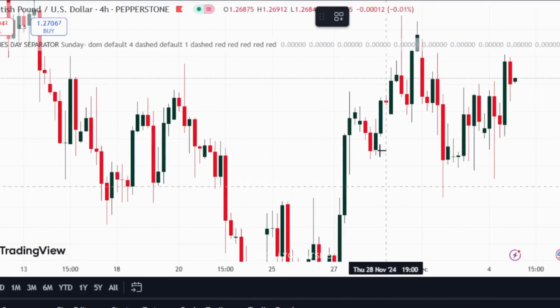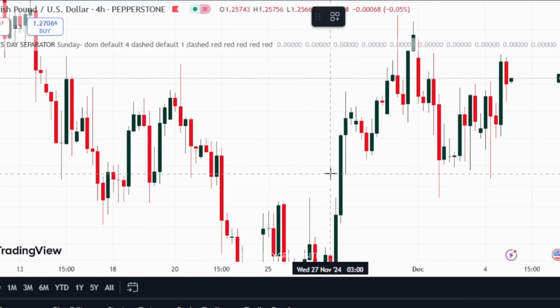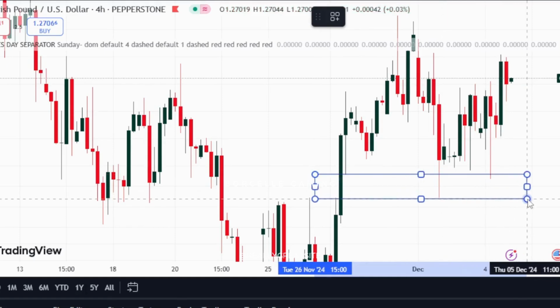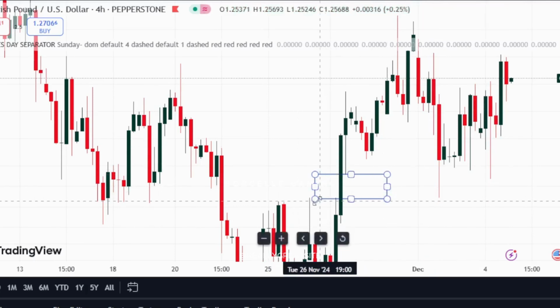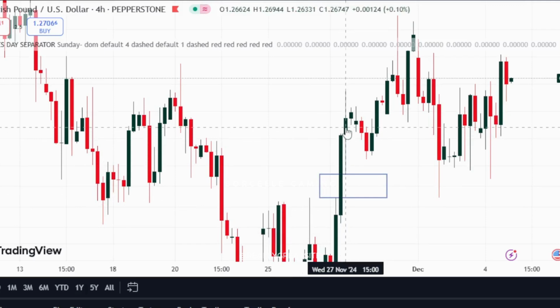Yes, time behind what we call fair value gap, FVG. Like for this candle now, let me mark this place where we have fair value gaps. You can see a fair value gap is usually formed between three candles. This is the first candle, second candle, and third candle.